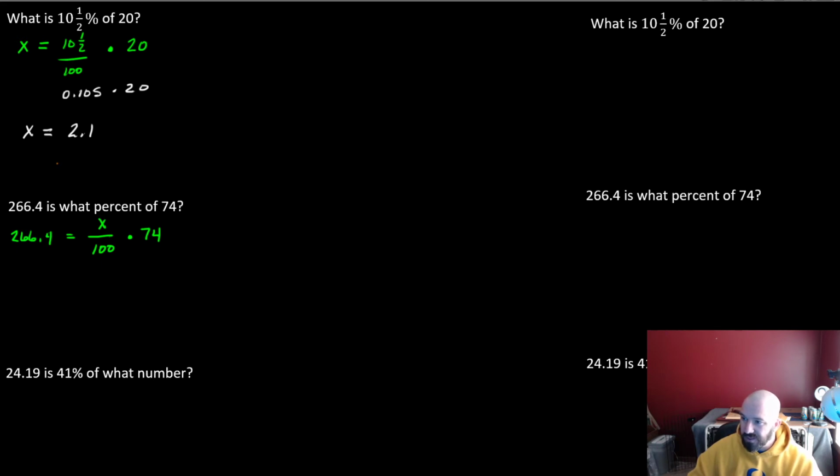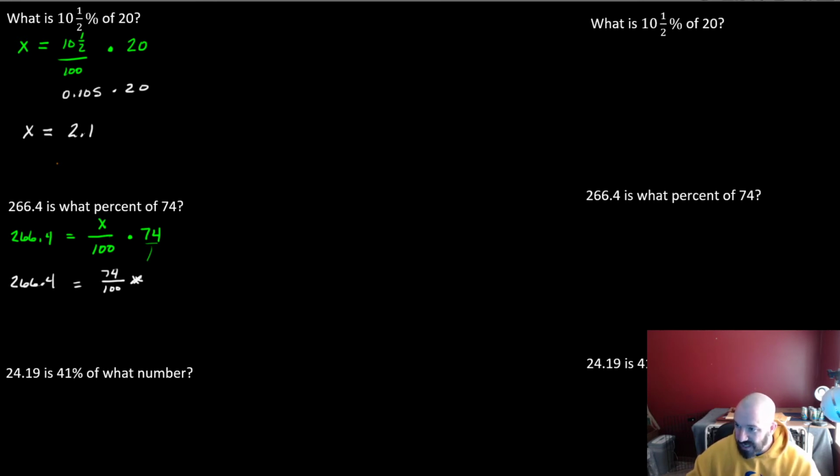I'm trying to figure out the easiest way to do this without having algebra before. So I think I'm just going to say, you're multiplying, this is over 1. So I'm going to rewrite this as 266.4 is equal to 74 over 100, and the x is just kind of out to the side.